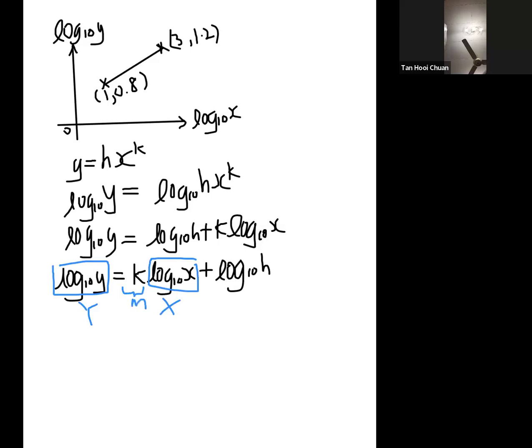Here is the gradient m, here is the intercept c. Of course this question is easy because m equals k, equal to change in y over change in x. Okay, you got it.